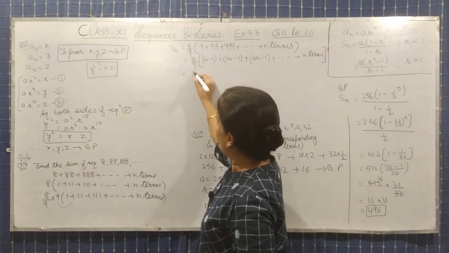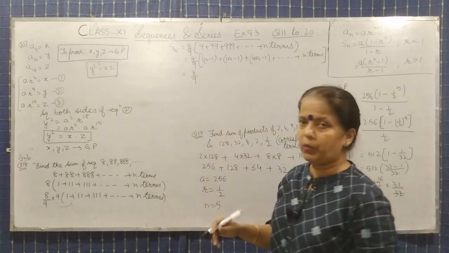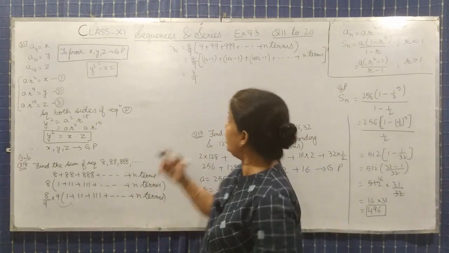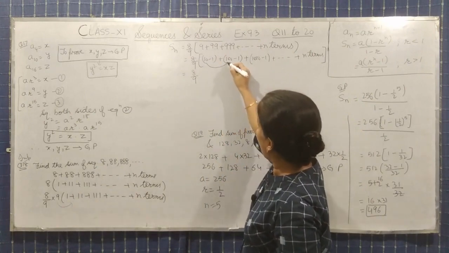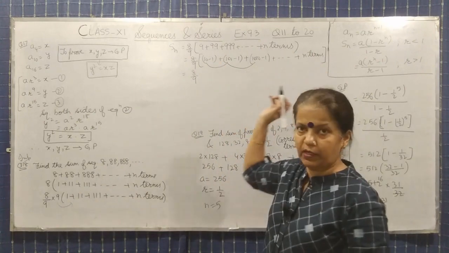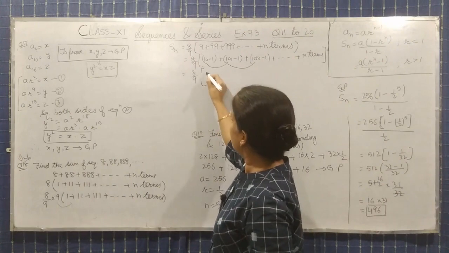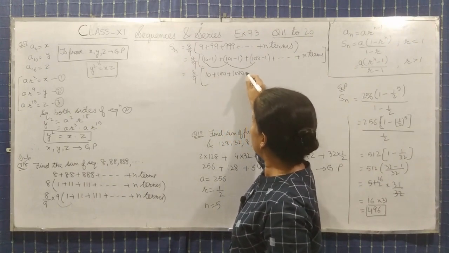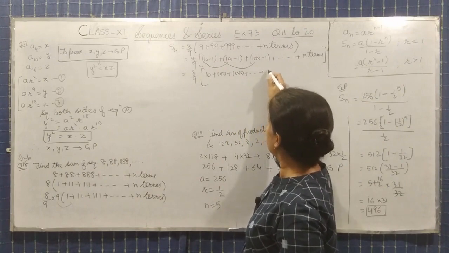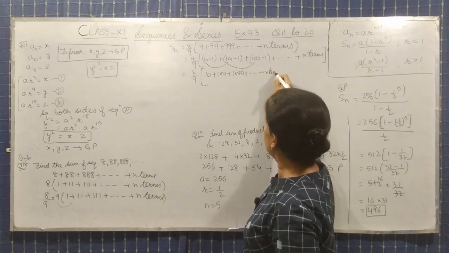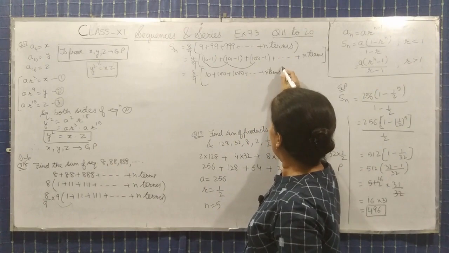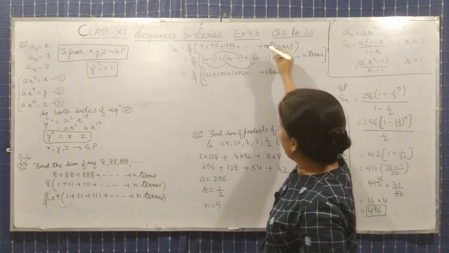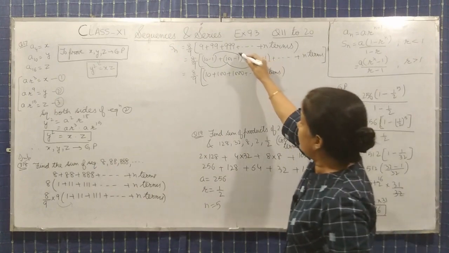Now we will rearrange the terms. 10, 100, 1000, we will take together: 10 plus 100 plus 1000 up to n terms. This we will take together. And minus 1, minus 1, minus 1.